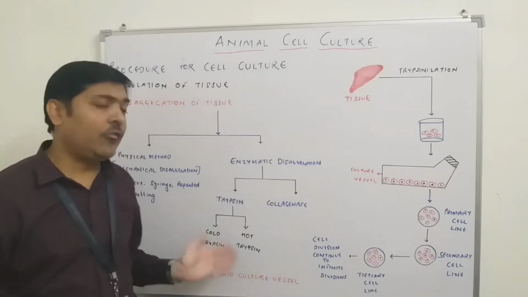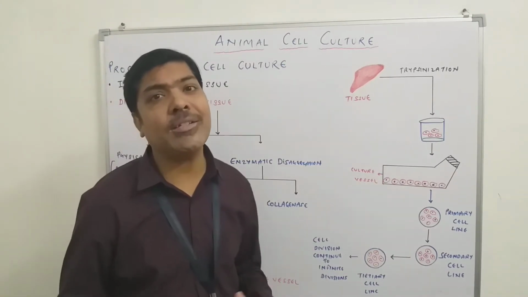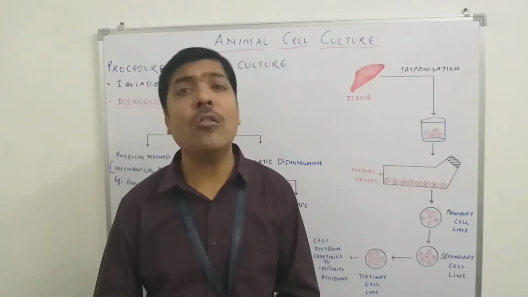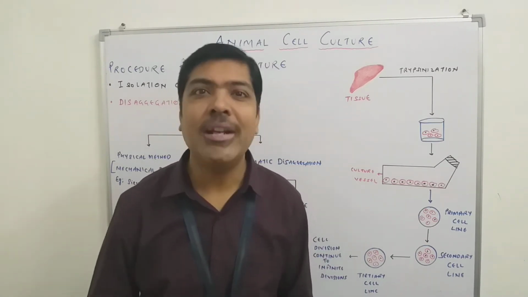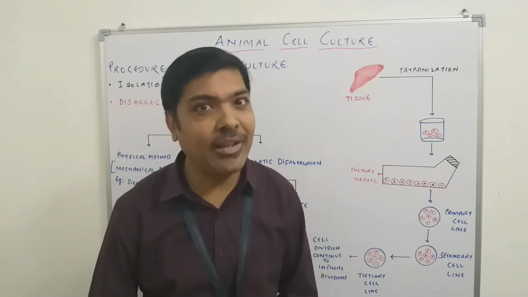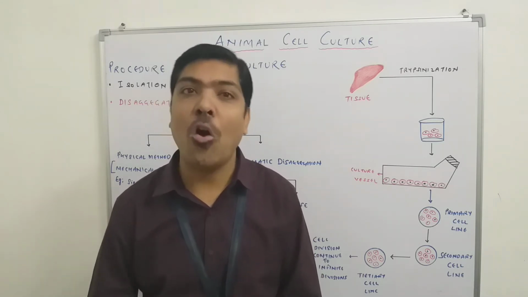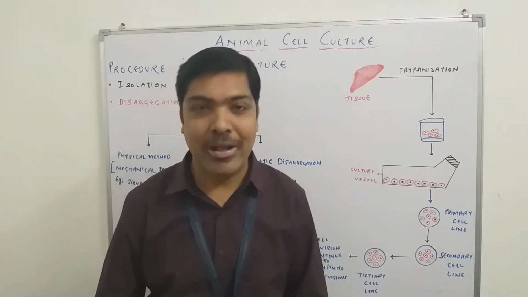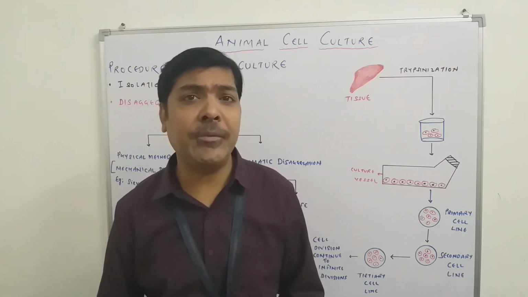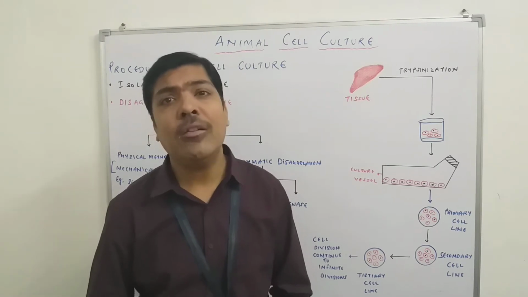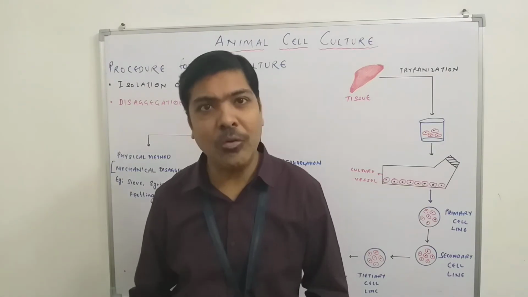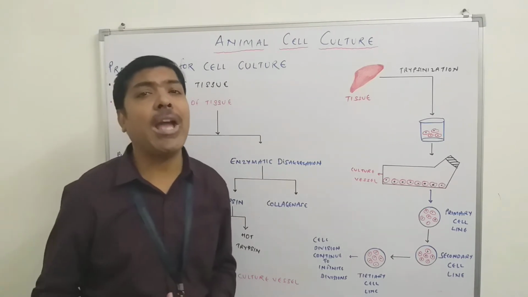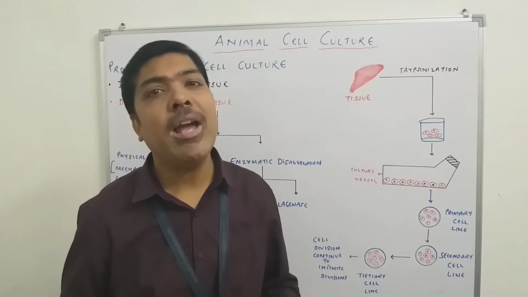If we are using trypsin, the process is called trypsinization. The trypsinization process of enzymatic disaggregation is again divided into two categories. Number one is hot trypsinization and number two is the cold trypsinization method. In case of hot trypsinization, we first collect the tissue, like in the last step, which is already kept in the BSS solution along with the antibiotics.